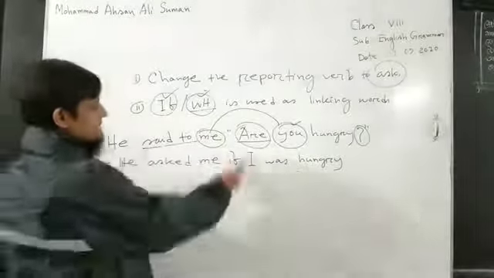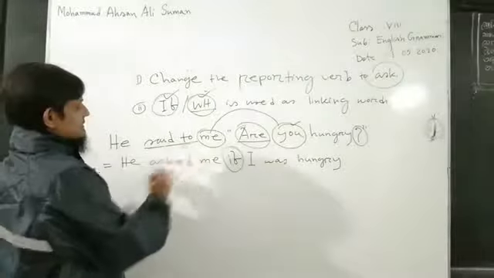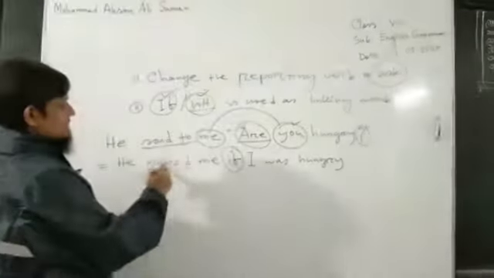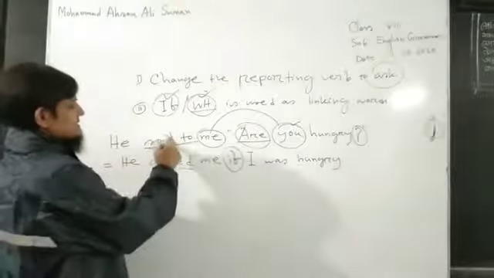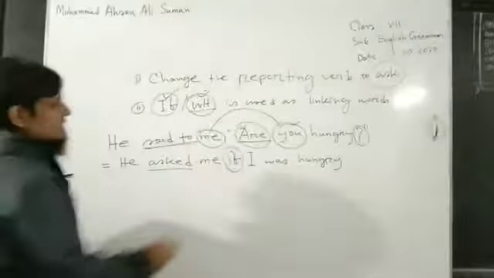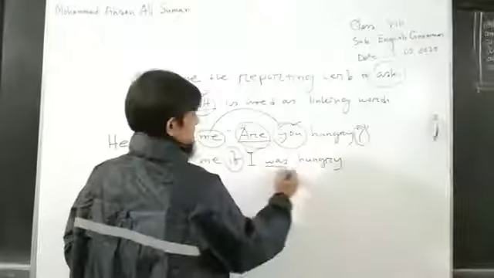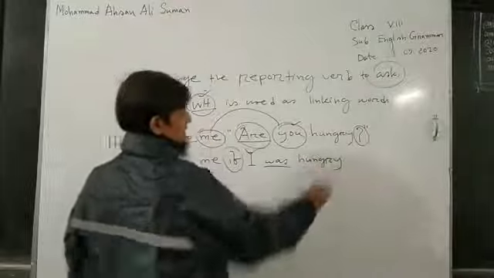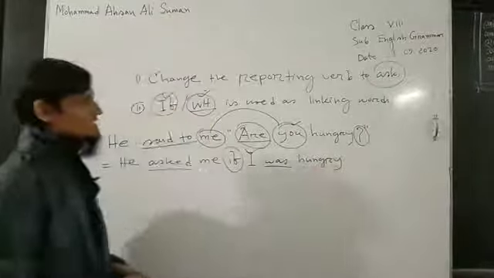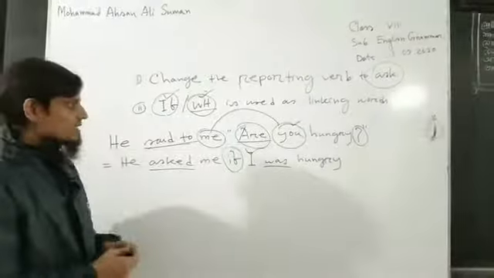Here if is the linking word. Asked is put instead of said to. Pronouns change, tenses are back shifted. Here there is no time or place expression, so no need to use the third step.